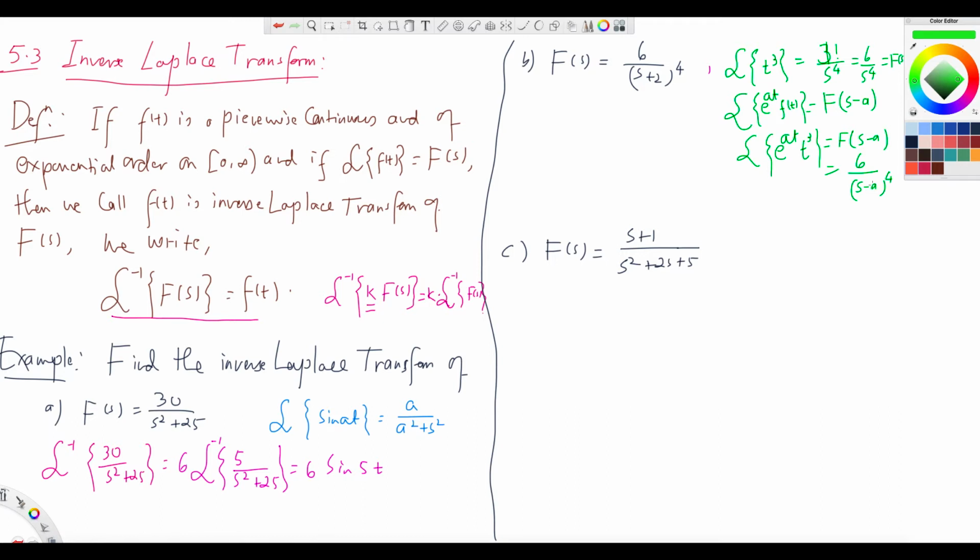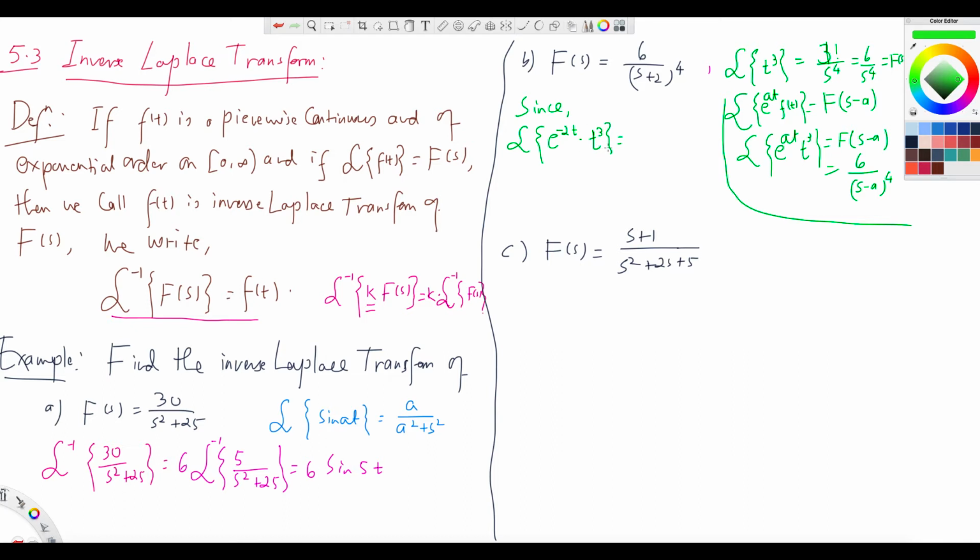So what we can do here is the Laplace transform of e to the minus 2t times t cubed. What we do for this is basically find the Laplace transform of t cubed, which is 3 factorial over s to the 4th.